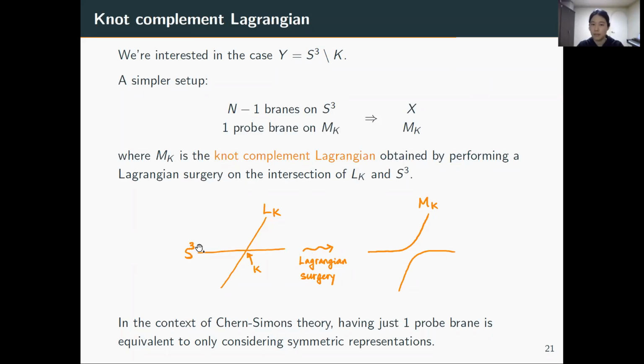If this line represents S^3 and this line represents the knot conormal L_K, then they intersect along the knot K. Doing Lagrangian surgery means that we remove a small neighborhood along this knot, and we connect these two Lagrangian submanifolds smoothly. The resulting Lagrangian is called the knot complement Lagrangian because it is diffeomorphic to the knot complement.